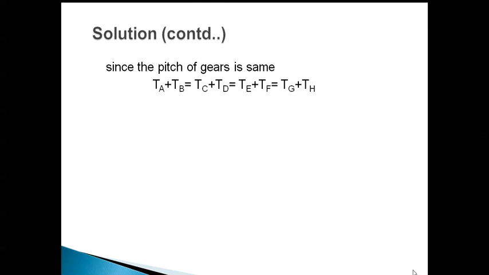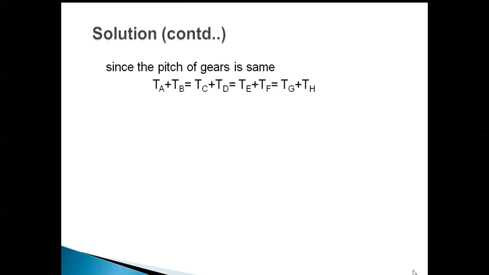For reverted gear trains, the center distance between each pair must be the same. Since A and B are always in contact, the center distance between A and B is equal to that of C and D, E and F, and G and H. The center distance is (dA plus dB) by 2, and (dC plus dD) by 2, (dE plus dF) by 2 equal to (dG plus dH) by 2.